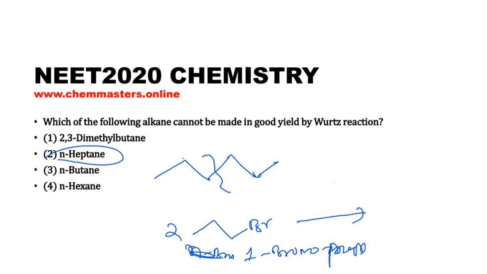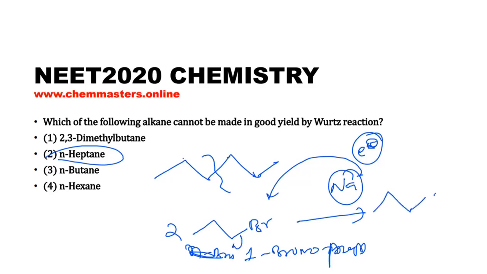But in the Wurtz reaction, the mechanism takes place through a radical mechanism, because metal sodium donates only 1 electron. So in that case, there is formation of a primary radical. Okay, we know that a tertiary radical is more stable than a secondary, which is more stable than a primary.